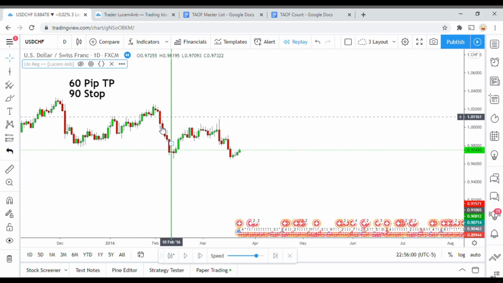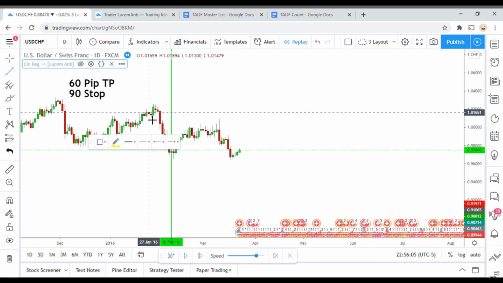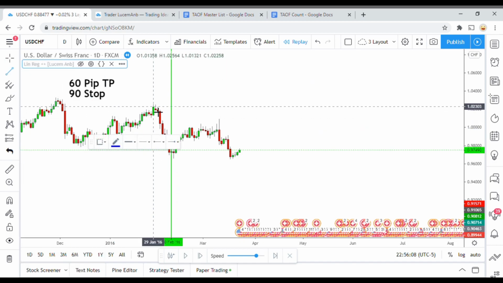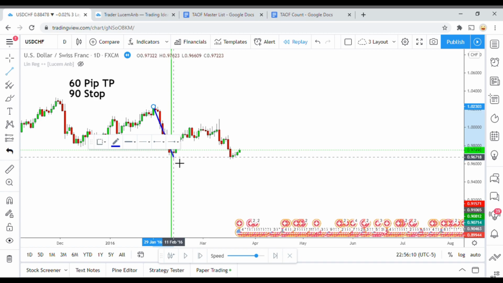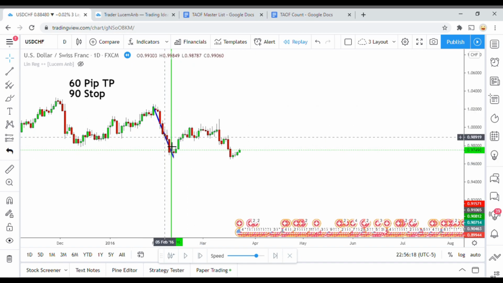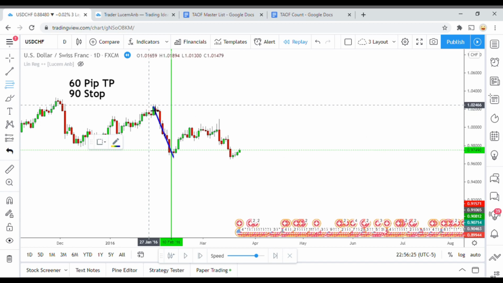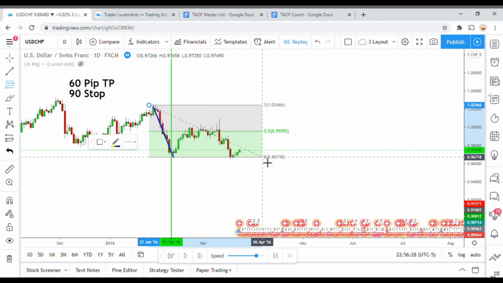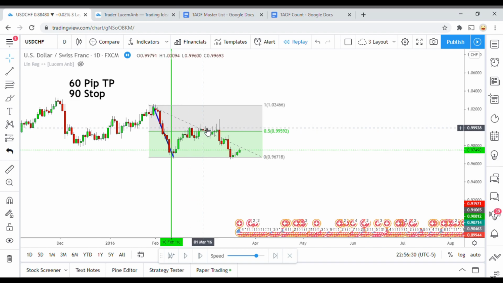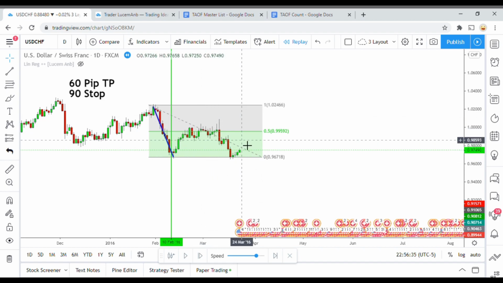If you look at this leg of the movement, from here to here is what we're looking at. This is a retracement of this downward move. If we were to take a Fibonacci retracement and pull it from there to there, you can see that it hit the 50% and really started to reject the upper side.